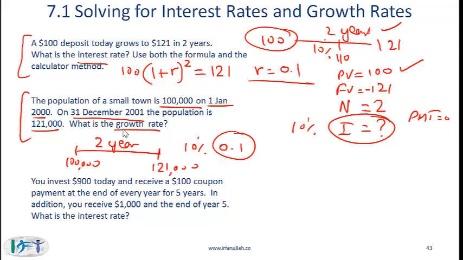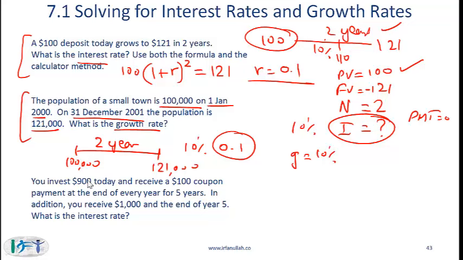Given that the calculation is exactly the same, we can apply the calculator method here, plugging in 100,000 for the present value, minus 121,000 for the future value, n equal to 2, payment 0, and compute the interest rate. The interest rate here would really be the growth rate, which will be 10%. The larger point is that anytime you have compounding and compound growth, we can use the calculator function.